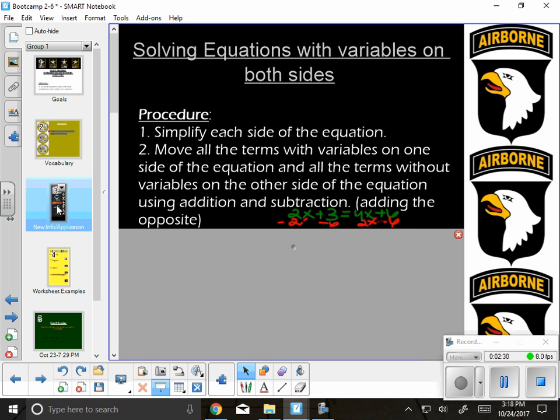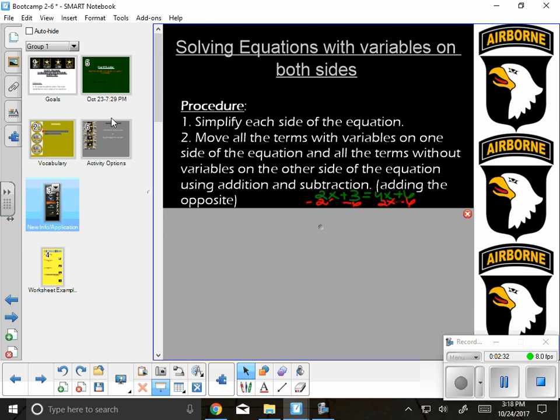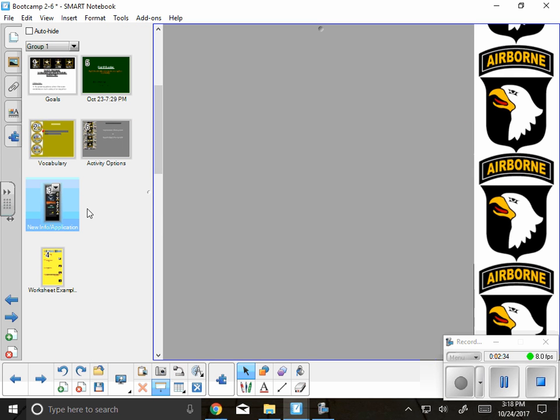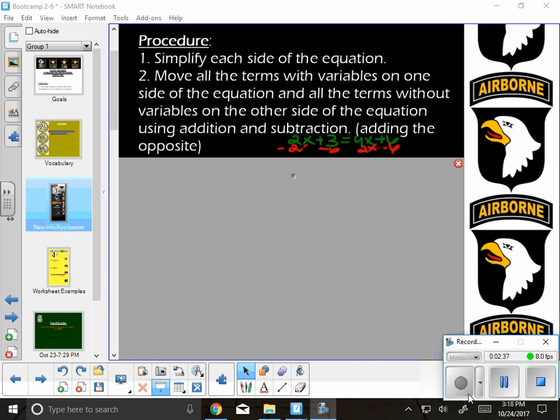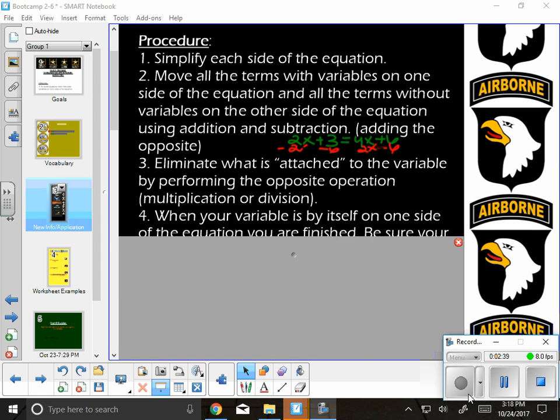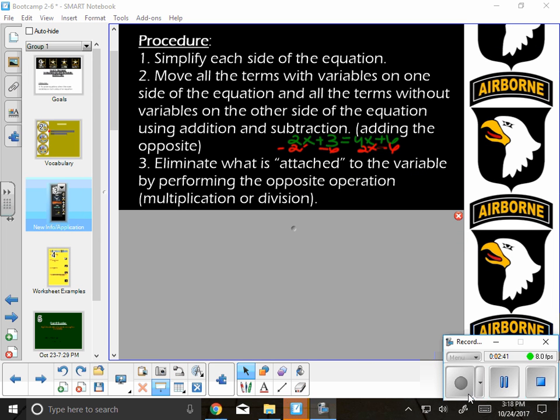And now my next step in the procedure, oh good grief, I'm so sorry, states that we're going to eliminate what is attached to the variable by performing the opposite operation, so multiplication or division.